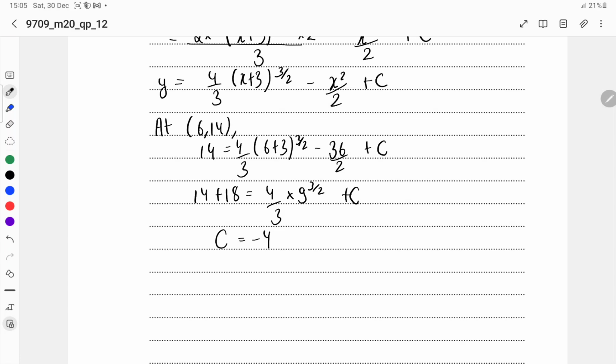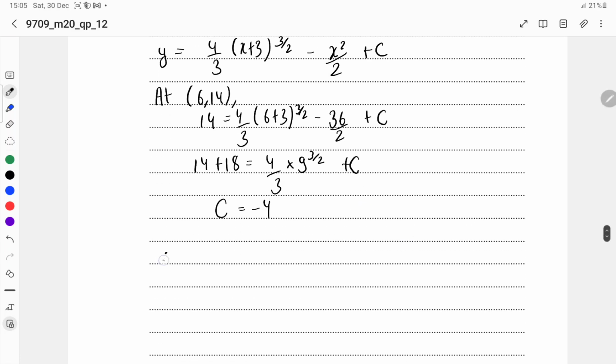Yeah, this is our answer. So therefore y is equal to 4 over 3 (x plus 3) to the power 3 by 2 minus x squared by 2 minus 4, and this is the required equation.